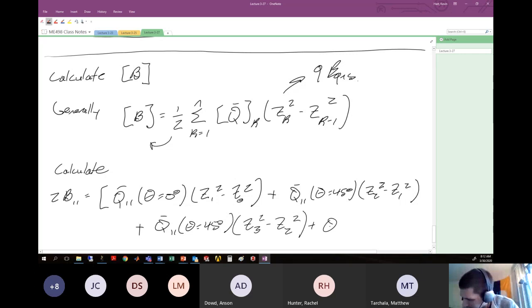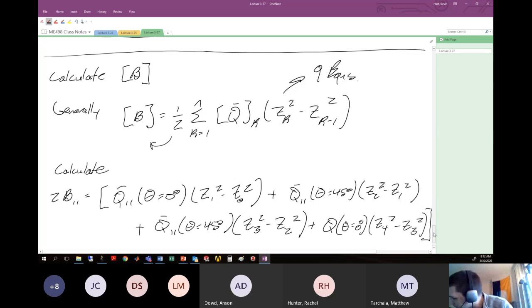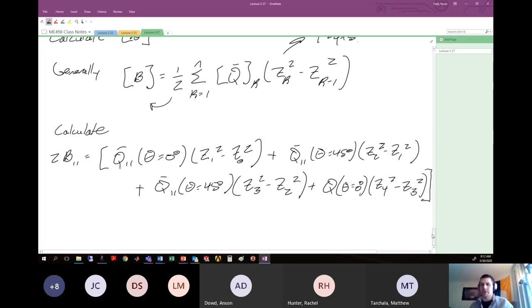And finally, my last contribution, I have my last layer at 0 degrees, and here I have z4 squared minus z3 squared. Okay, so that's my general equation there.